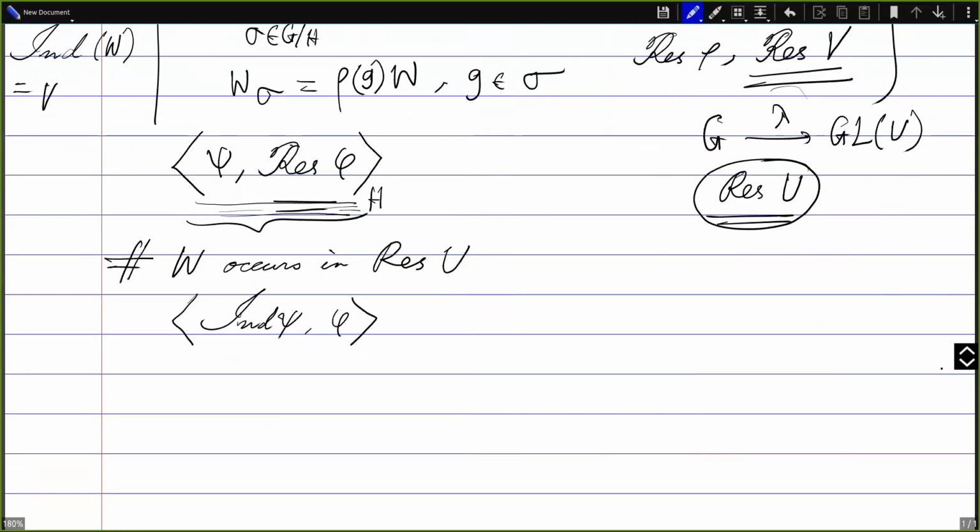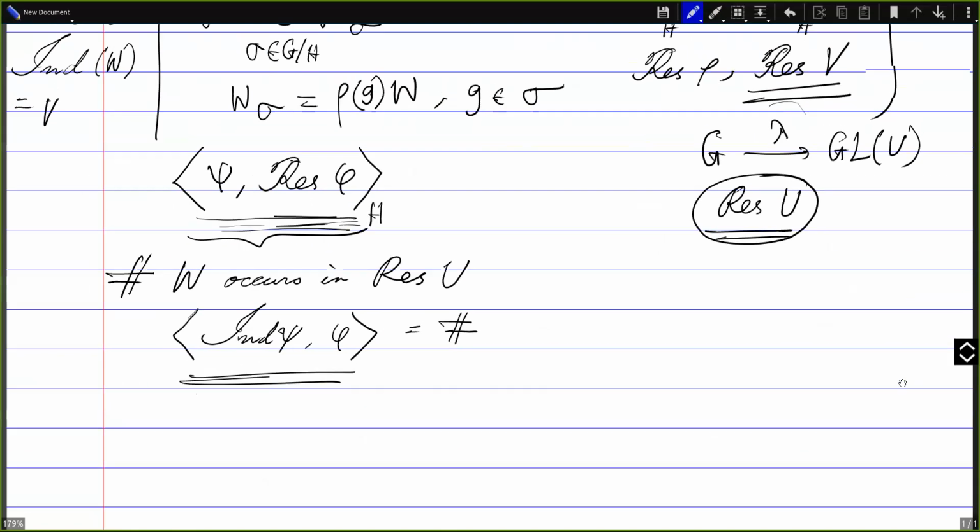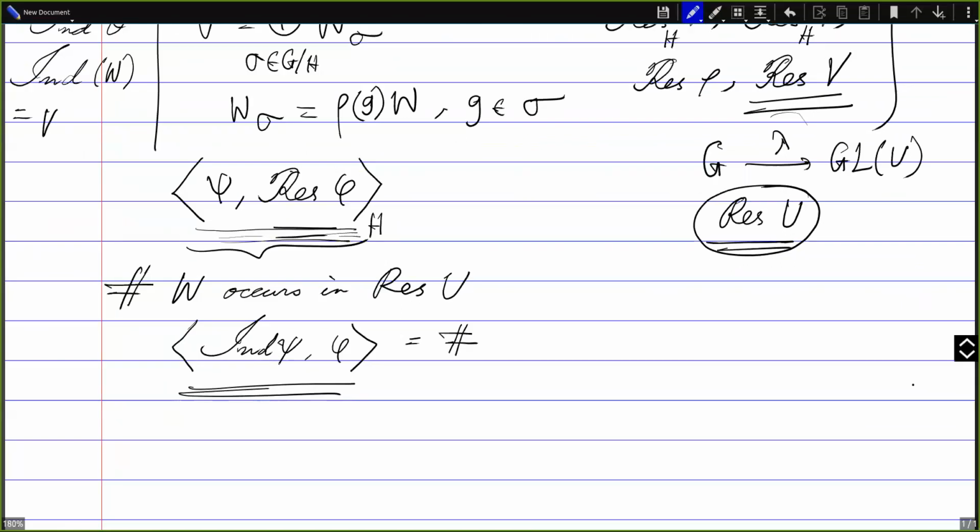So therefore, this is nothing but the number of times phi, the character of the irreducible representation lambda, occurs. So the number of times U occurs in the representation induced by W. Okay.